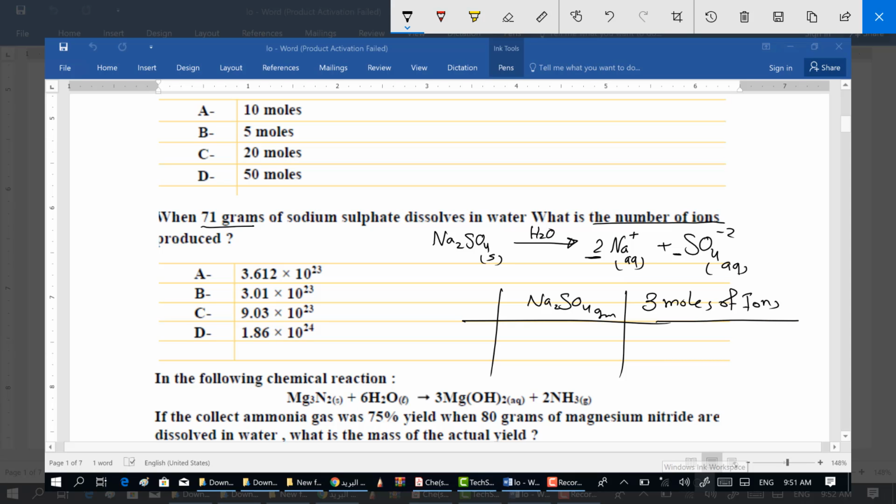According to the balancing of the equation, moles of sodium sulfate in grams, 2 multiply Na 23 plus sulfur 32 plus 4 multiply 16, and 3 moles of ions multiply Avogadro's number, 6.02 times 10 power 23. If we return back to 71 gram of sodium sulfate, cross multiplication, we will find the answer. Okay? Another question.